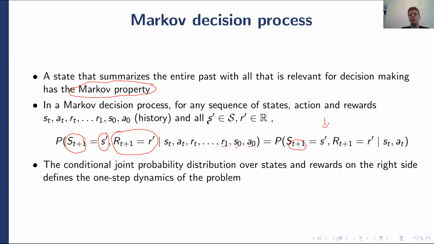That is, if the probability of the next state being something and the next reward being something, given the entire history, is equal to the probability of the next state and the next reward being those things, given only the current state and the current action. Maybe I should explain this in a slightly different way.